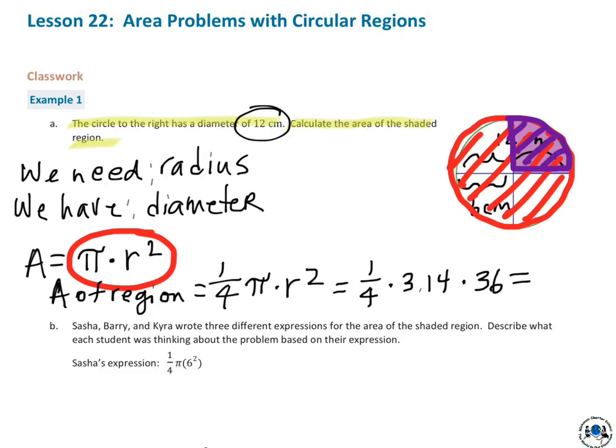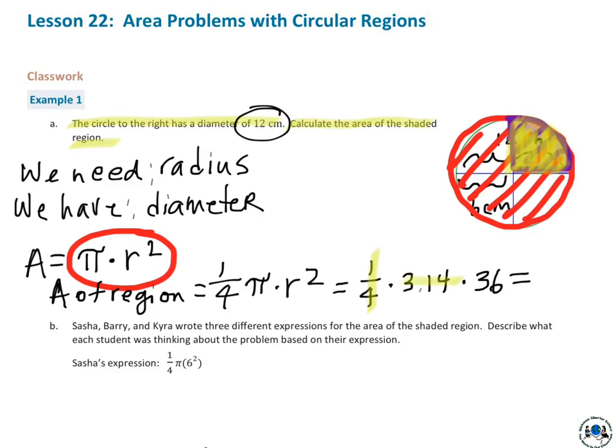Later on in this lesson, you will be asked to just answer in terms of pi, where you're not actually applying any value to pi, just leaving it alone. But here I am going to actually find a true amount. So I have 1/4, because that 1/4 applies to the fact that I'm only interested in a quarter of this circle, this region right here, 1/4 of that circle.